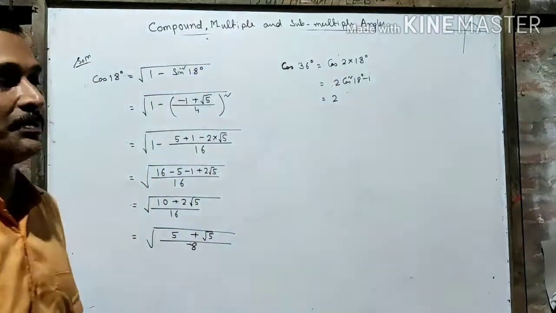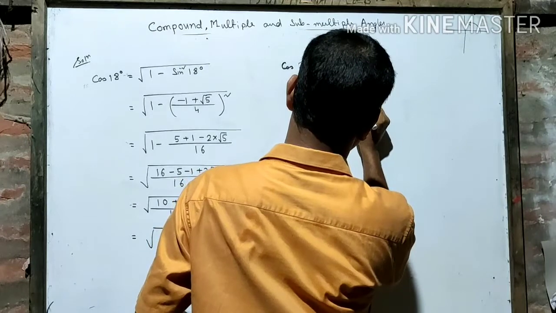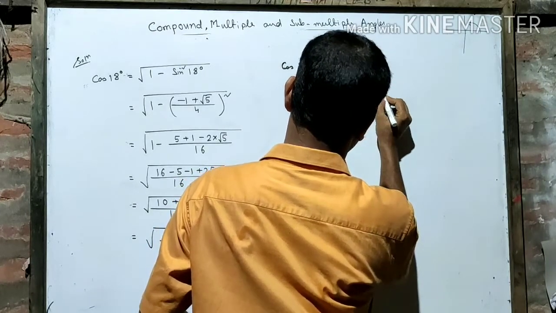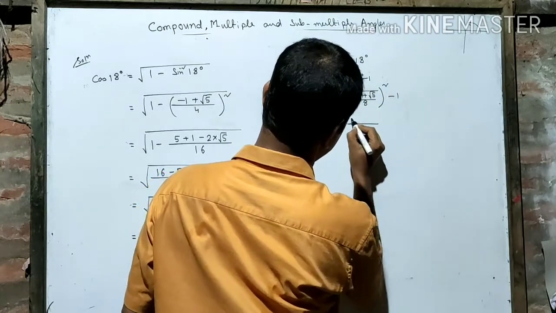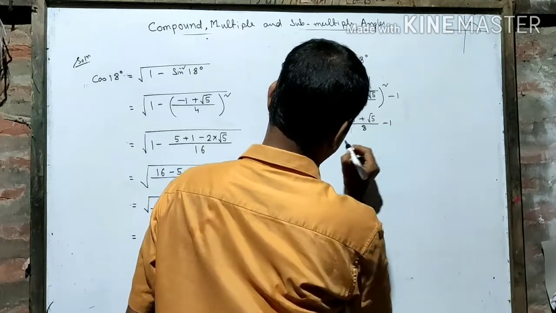2 cos square 18 degree minus 1. Write the value of cos 18 degree. Cos 18 degree is under root 5 plus root 5 by 8, whole square, minus 1. This is equal to 2 into 5 plus root 5 by 8 minus 1.